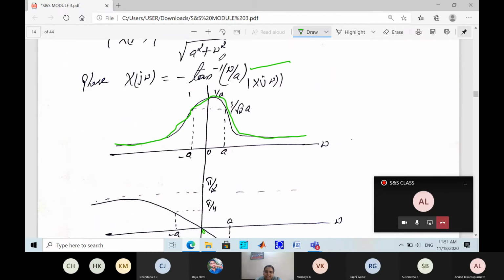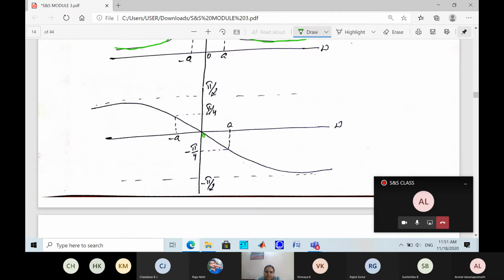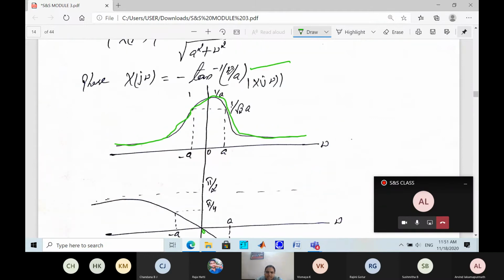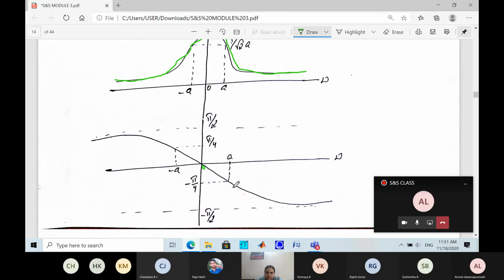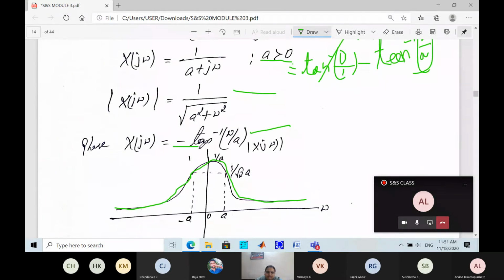What is the value you will get? Tan inverse, not a tan function, right? At 0, it will be 0. Then when I substitute omega as a, a by a, tan inverse of 1, which is pi by 4. Because the minus sign is there, it will be minus pi by 4.